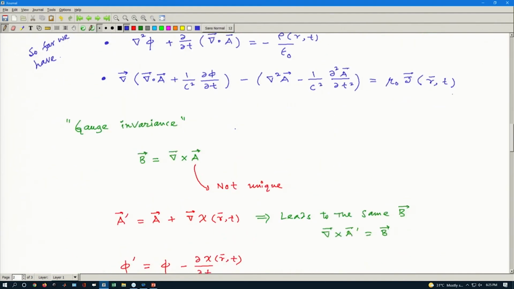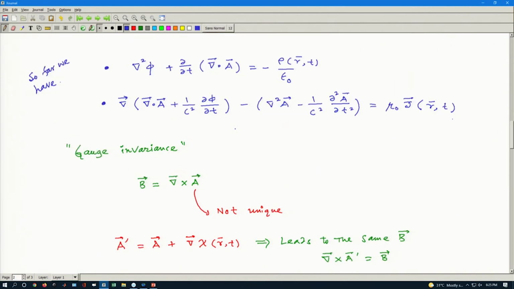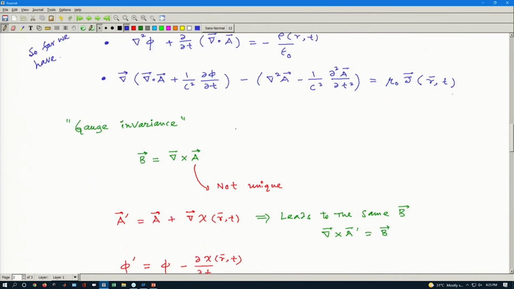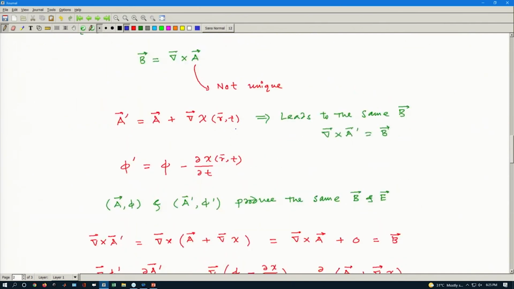But in order to solve these two equations, this is not very easy to solve, but we can make some mechanism through which we can make these equations simpler, and this mechanism is basically the gauge invariance. So, I can choose my A and phi suitably to make these two equations simpler.